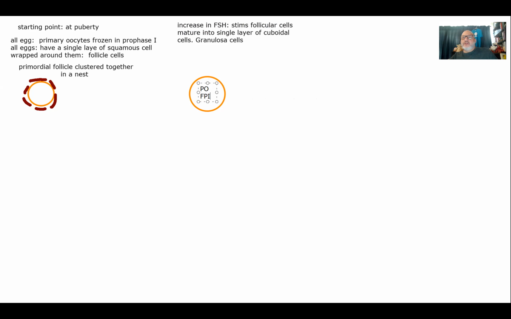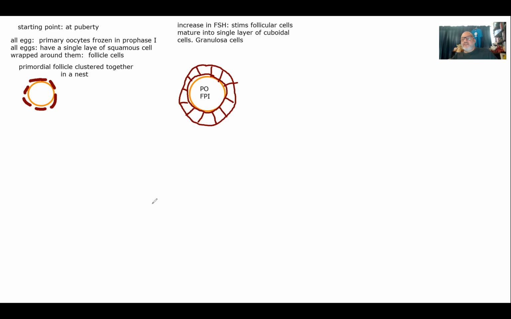But now our granulosa cells have started to mature. Our follicle cells start to mature, and as they start to mature, they become a single layer of cuboidal cells. And these are now granulosa cells.